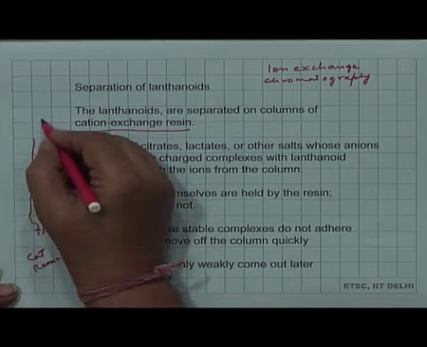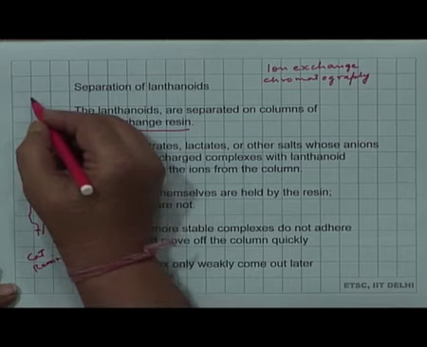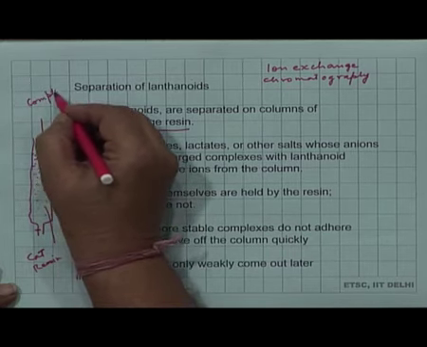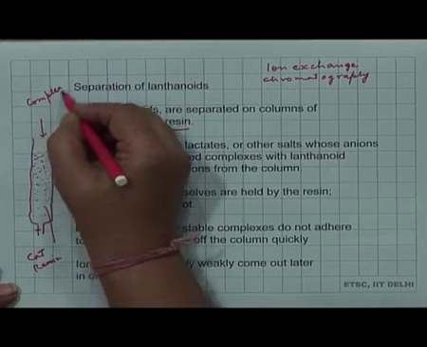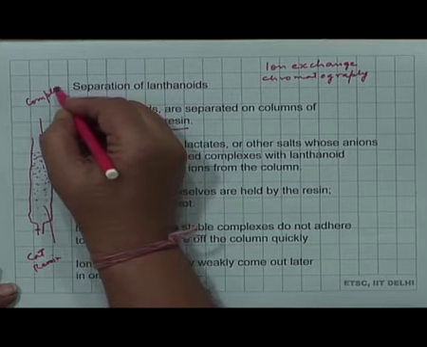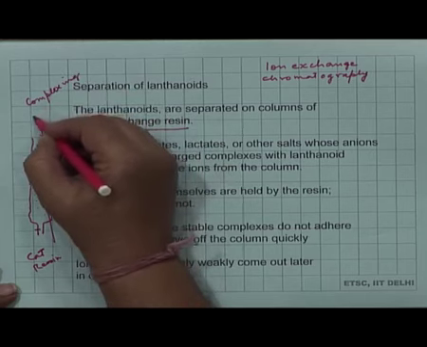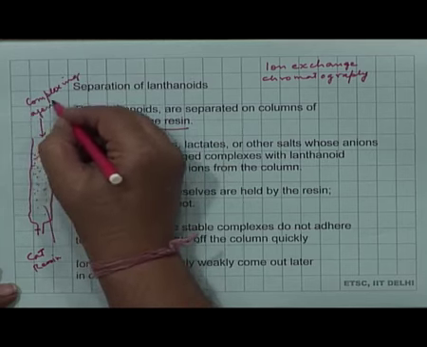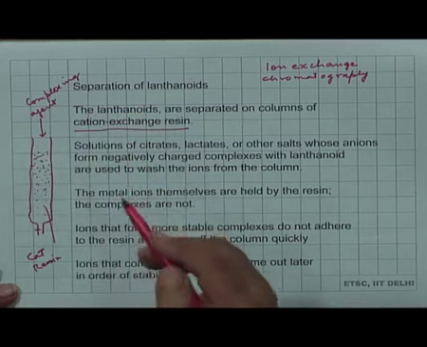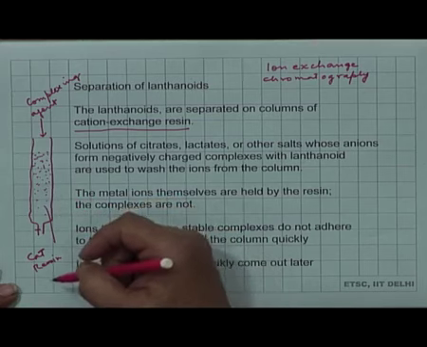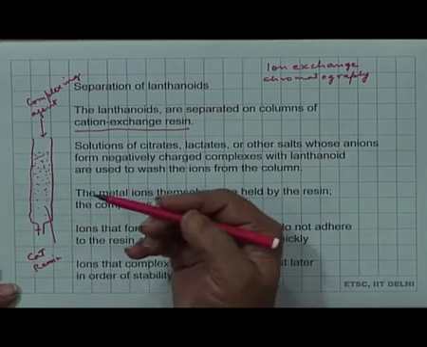So, if you pass a complexing agent, then there will be a competition between the complexing agent and the resin for the metal ion.